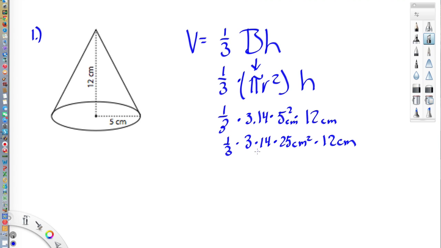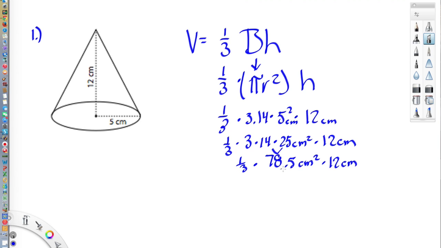Then 3.14 times 25 is going to give me 78.5 centimeters squared. That's how I got that. Still need to multiply that by 12 centimeters, and by 1/3.